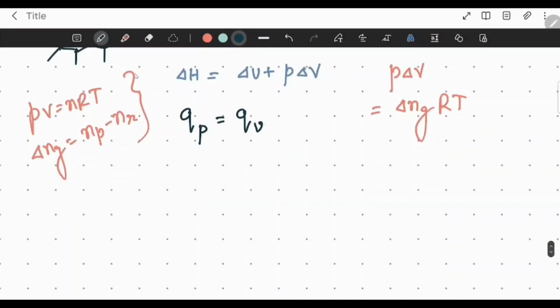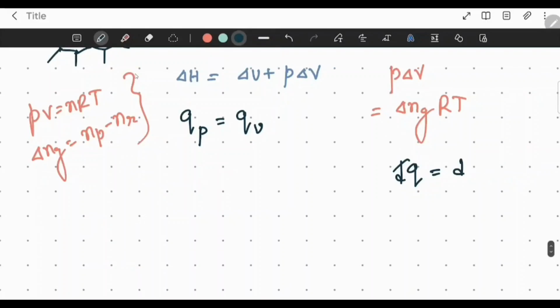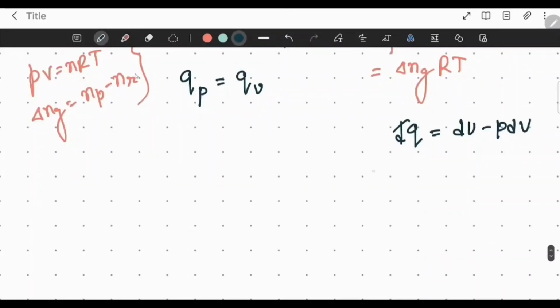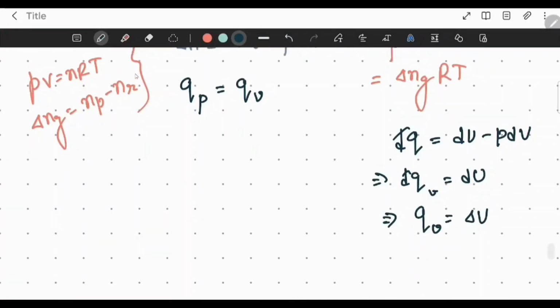So you can directly write that this is actually our QP, and we know QV. d cross q equals dU plus d cross W, or this is actually minus PdV. So we know that QV is del U. So that we have written.